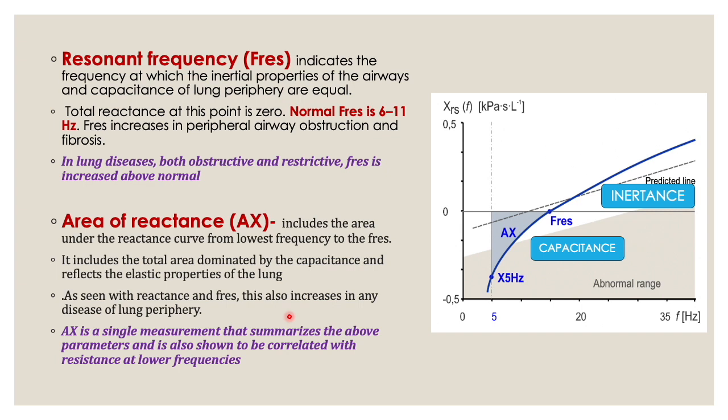So the compliance is reflected with AX. The compliance, the small airway patency for the air to go across, that is all related to AX. And so it has a very close relation to smaller airways, R5 minus R20. So this area of reactance is also an important value.